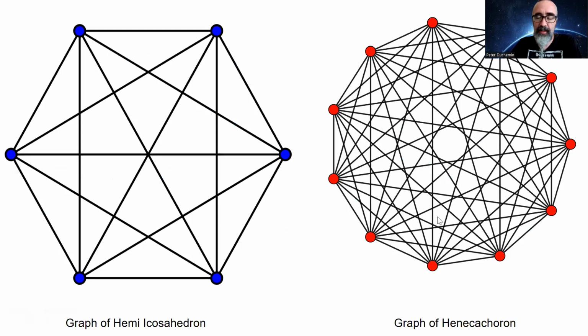This is an example of two graphs, and what I think is fascinating about these graphs is that they show the connection between math, as we understand it, and the esoteric, because occultists, of course, love stars and polygons and basically graphs.